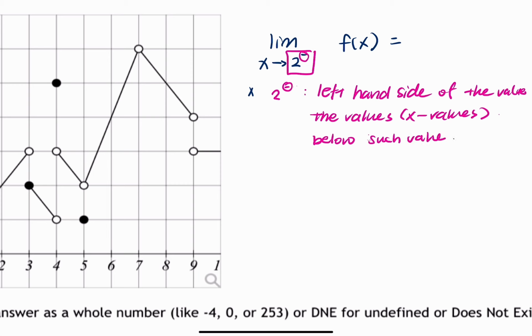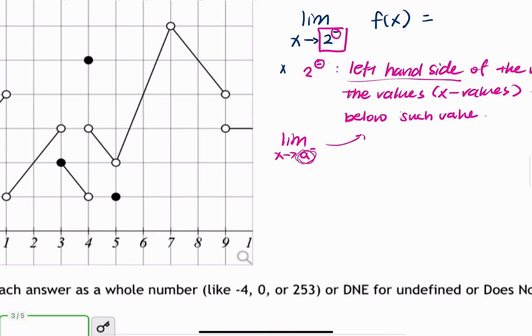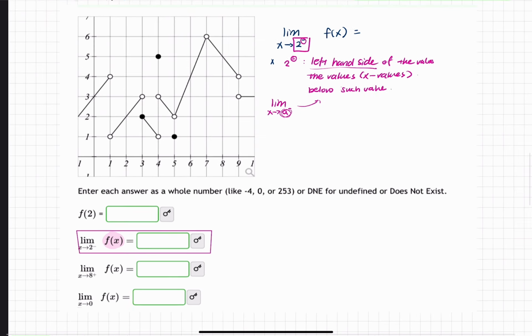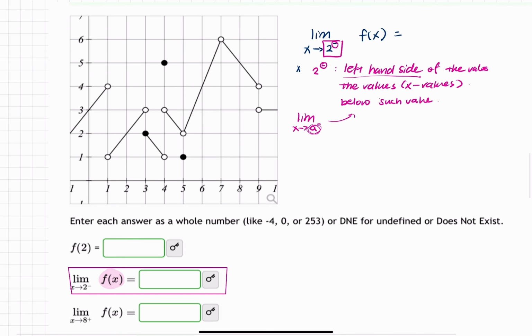So in this case, for example, the limit of x going towards a minus also refers to the left-hand side of a, or the values below a. Looking at our graph, we're looking for the value 2 firstly.